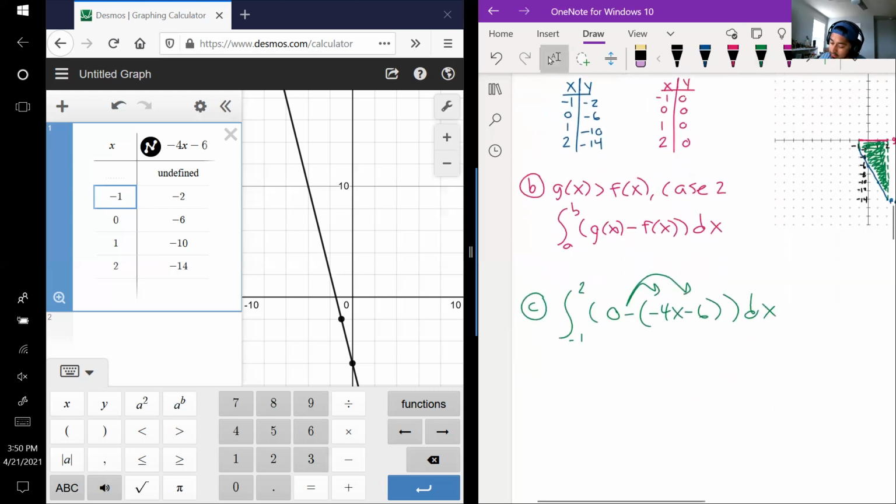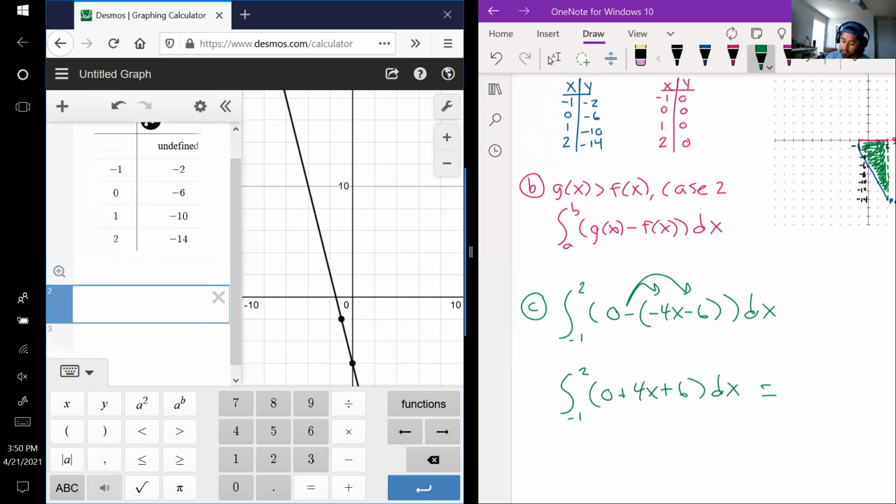So let's go ahead and clean that up, and we will get the integral from -1 to 2 of 0 plus 4x plus 6 dx. And we can type that in. We don't need the 0 there, but I just have it there for the next step.